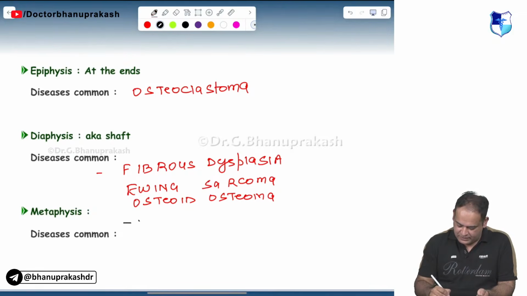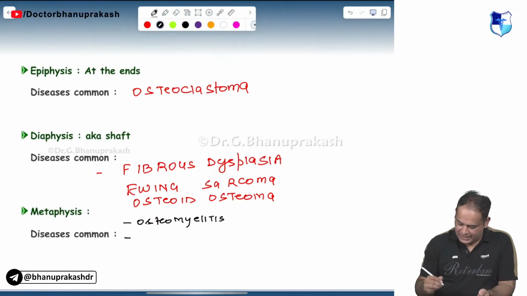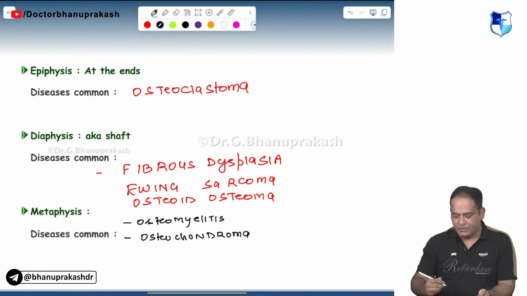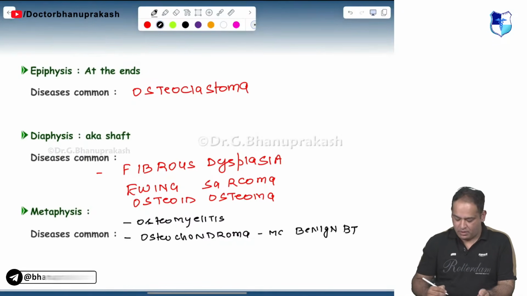Real action lies at the metaphysis. What are the diseases which are common? Osteomyelitis. Fine. Osteochondroma. What is osteochondroma? It is considered the most common benign bone tumor.